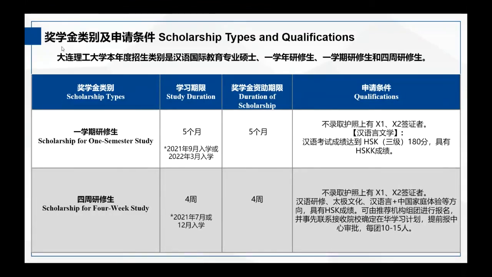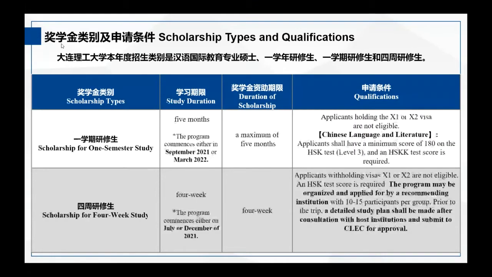We could also provide scholarship for 1 semester study. This page is the Chinese version and the next page is the English version. You could choose to start in September 2021 or March 2022. The duration will be 5 months.